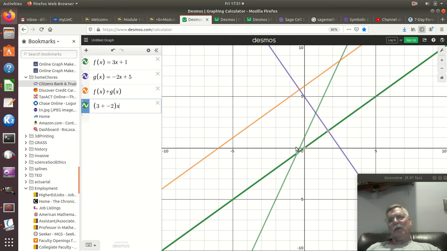And again, you see those two lines appear to be parallel, and they are. And so it looks as though if I add two functions together like this, then the resulting slope is just the sum of their slopes. So for the sum of the functions, I get the sum of their slopes. Okay?